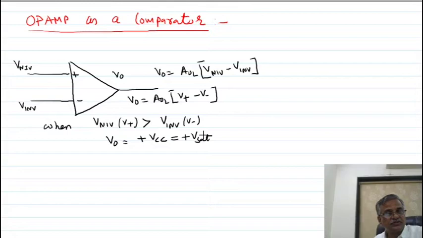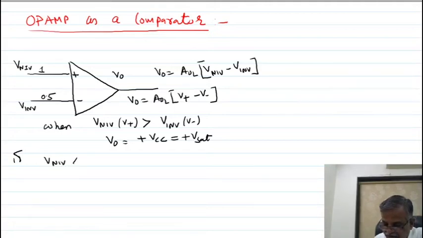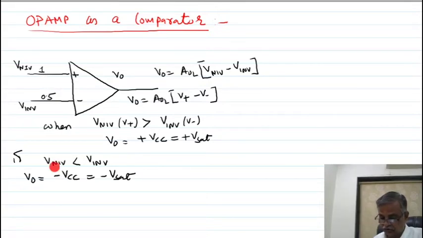So remember, if this is 1 volt and this is 0.5 volt, the output is always plus VCC. Now, if the V non-inverting voltage is less than the V inverting voltage, the output is negative. How much? Minus VCC, or minus V saturated.